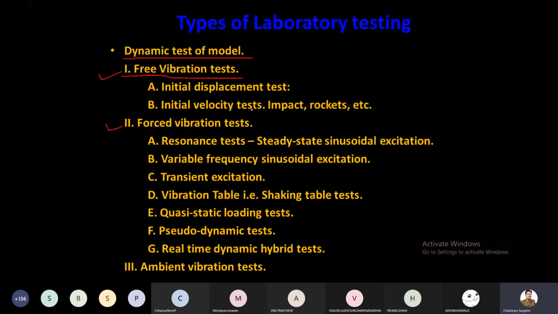And the third test is basically the ambient vibration test. Now in the ambient vibration test, what exactly are we doing? You see, we are not performing any test, but we are putting the sensors in the building, and when a movement takes place, when anybody is moving, then small vibrations will be created, and these small vibrations will be picked up by the sensors.